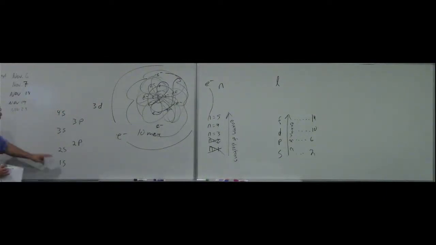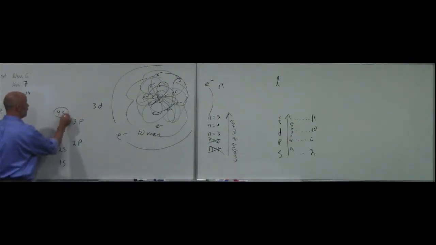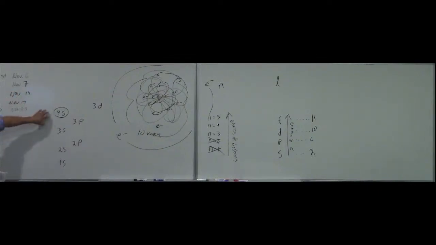So the point is, 1s, 2s, 2p, 3s, 3p, 4s, 3d. This is the surprise. Because of electron repulsion, it actually requires less energy to fill the 4s than it does the 3d. Not the 4p, just the 4s.